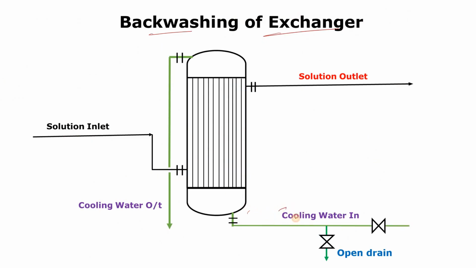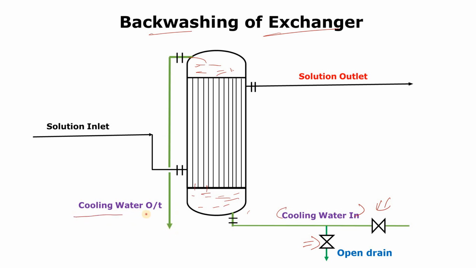See here what is happening. Your cooling water is coming from here. This is my open drain, and this is my IV, one IV, right? My cooling water is going to the tube side, and from here the cooling water is going outside.